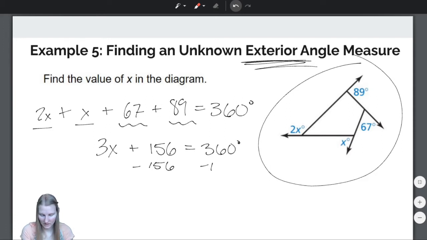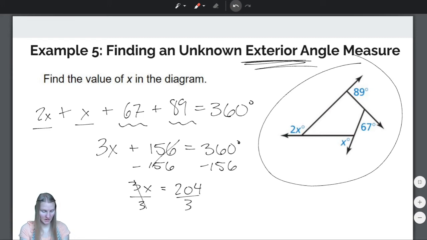Subtract 156 from both sides, and I get that 3x is equal to 204. Divide by 3 on both sides, and we get that x is equal to 68.